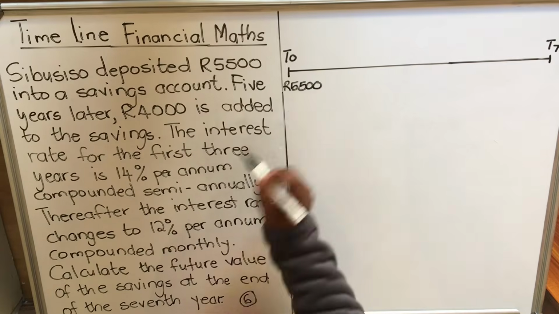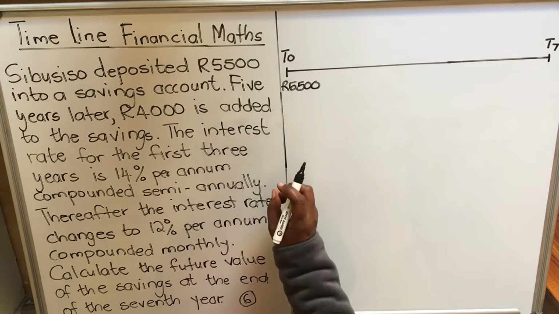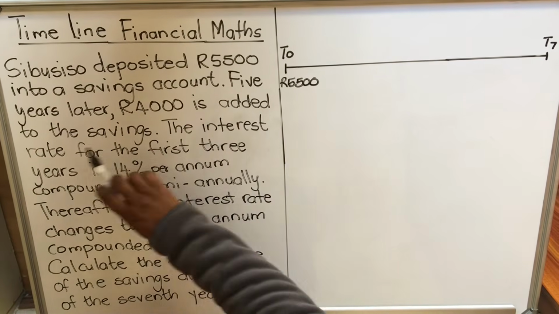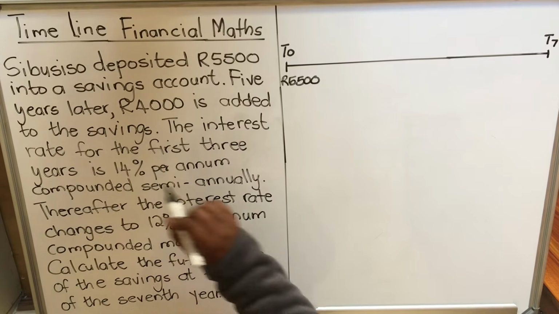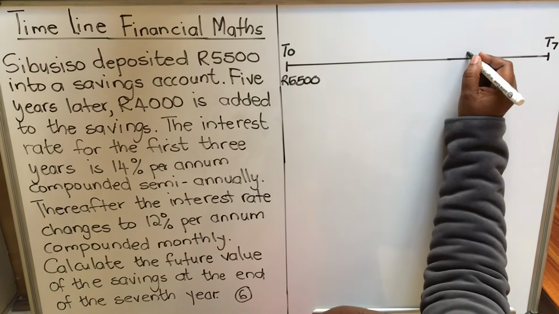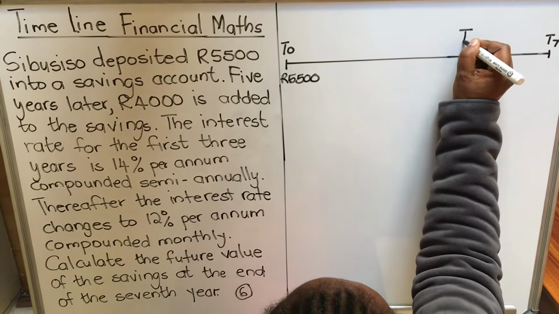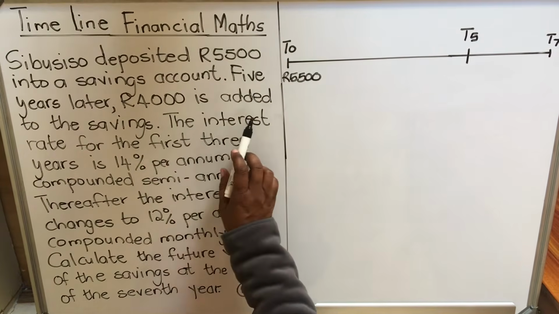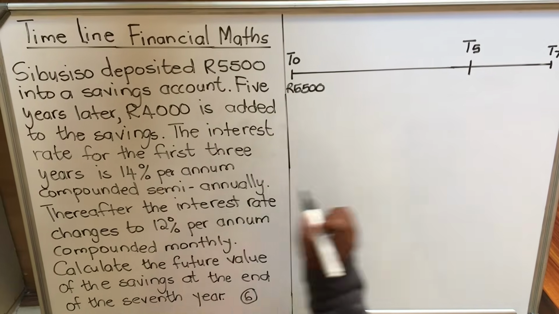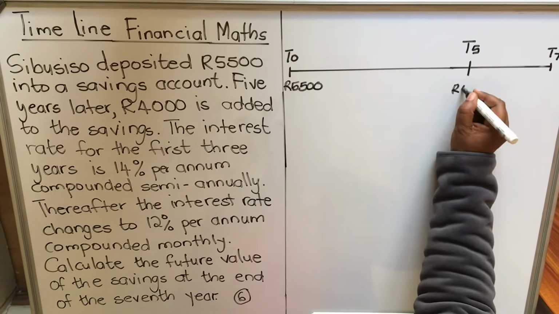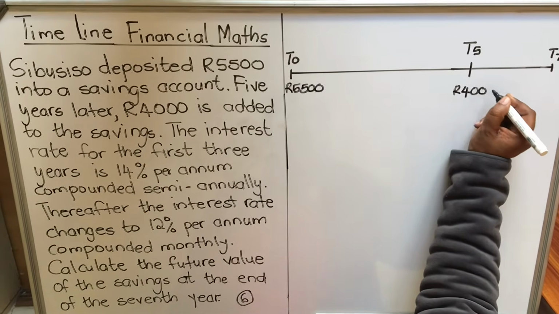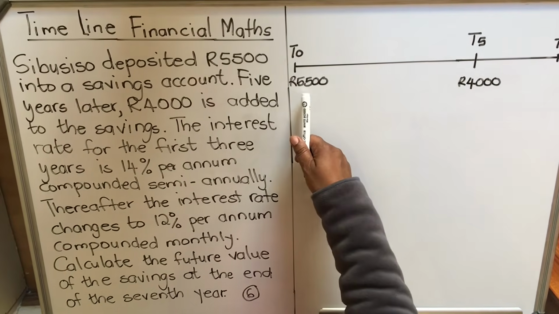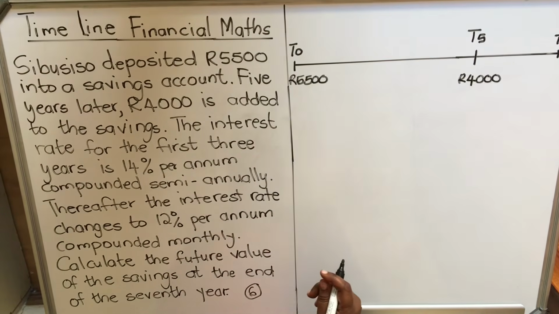So at time 0, you just deposited the money. And then 5 years later, so it means it's T5. What happened at T5? 4,000 is added to the savings account. So there was 4,000 that was added 5 years later, 5 years from the original deposit.